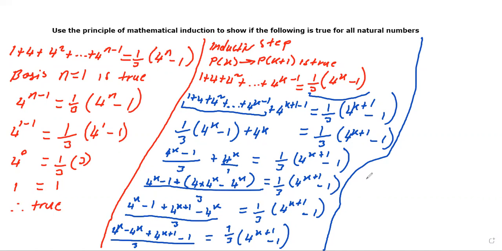So we are left with 4 to the k plus 1 minus 1. And that's going to be over 3. And that's equal to 1 over 3 into 4 to the k plus 1 minus 1. All right, and that therefore means that both sides are looking alike, because 1 over 3 times this is the same thing as 4 to the k plus 1 minus 1.